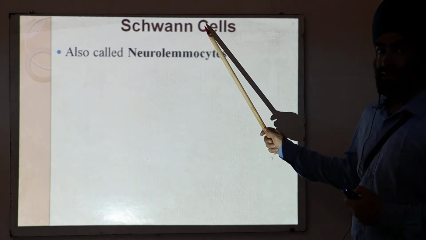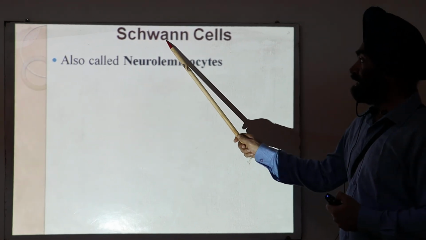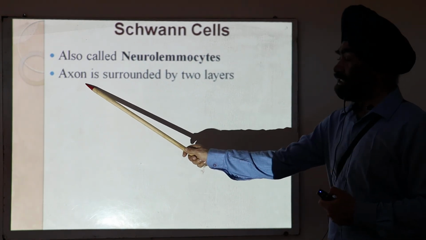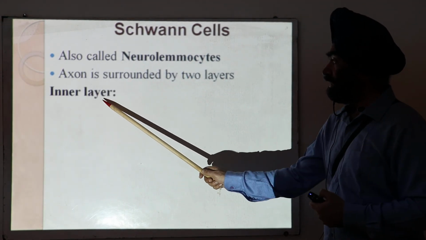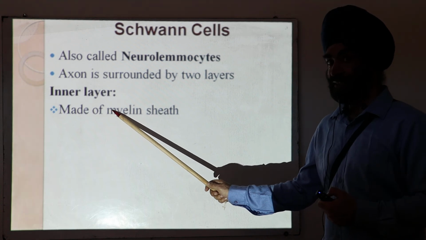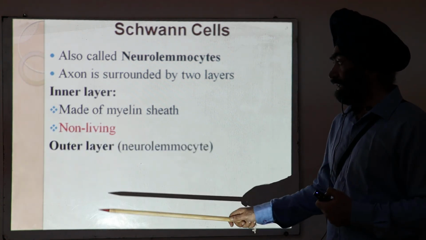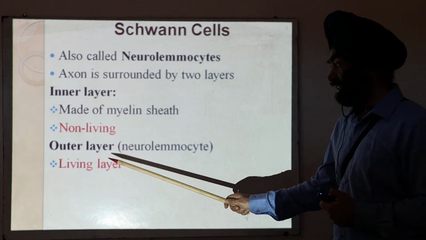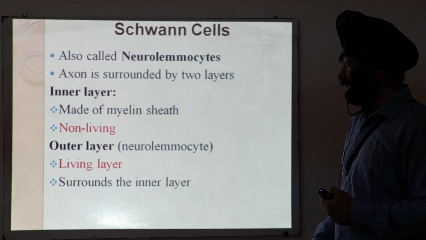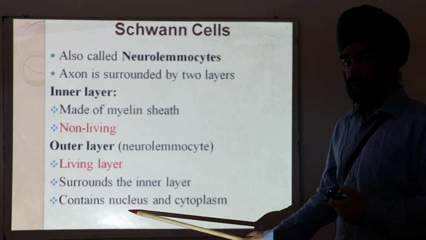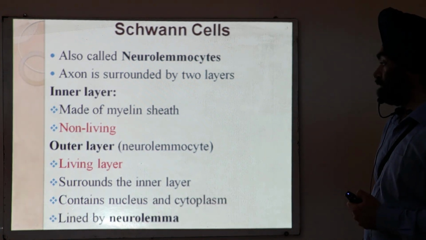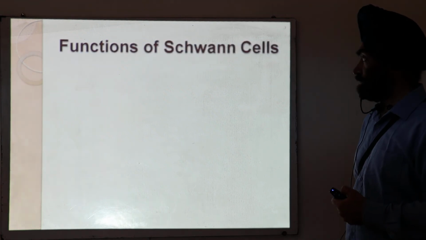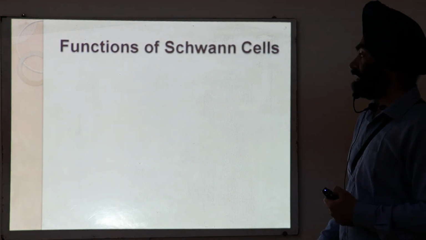So coming to the written form, Schwann cells are also called neurolemmocytes. The axon is surrounded by two layers. The inner layer is made up of myelin sheath, which is non-living. The outer layer, also called the neurolemmocyte, is the living layer, and it surrounds the inner layer and contains the nucleus and cytoplasm. And the outermost layer is called the neurolemma. Now what are the functions of these cells?